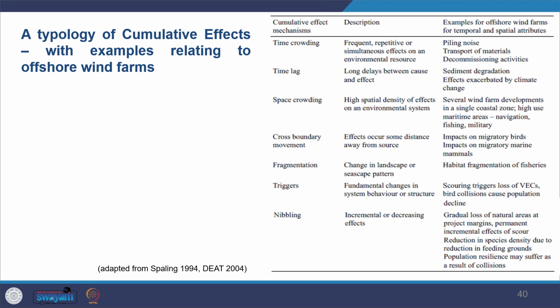So what's really happening at the project site or beyond the project site, like impacts on migratory birds, impacts on migratory marine mammals. Then you have another mechanism, fragmentation, change in the landscape or seascape pattern. We had talked about fragmentation also, how things get fragmented, like habitat fragmentation of fisheries and so on.